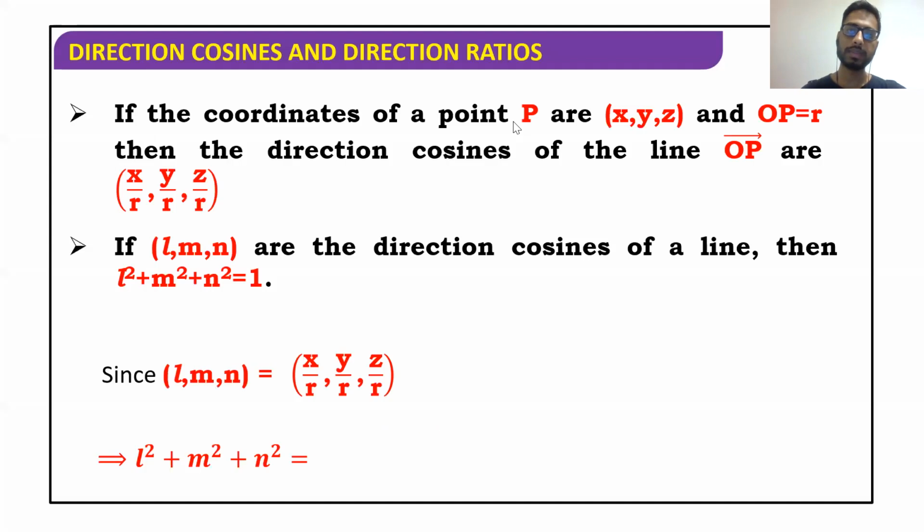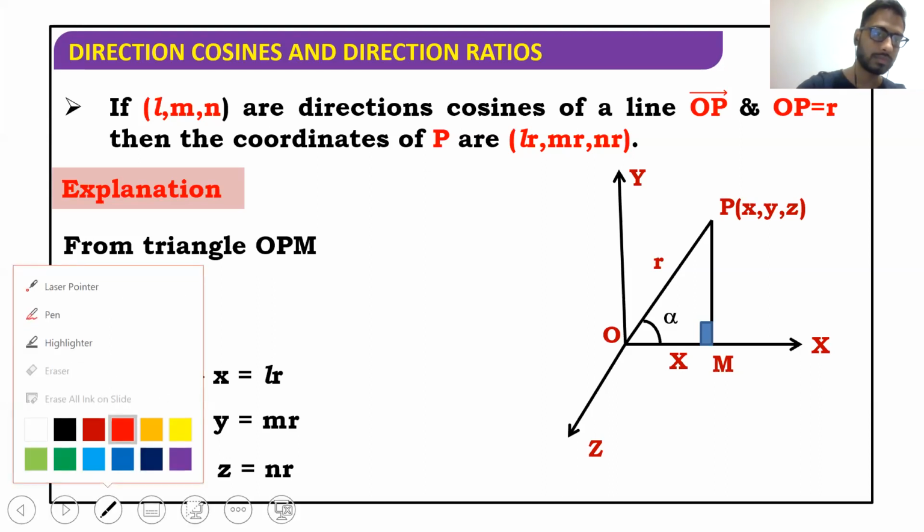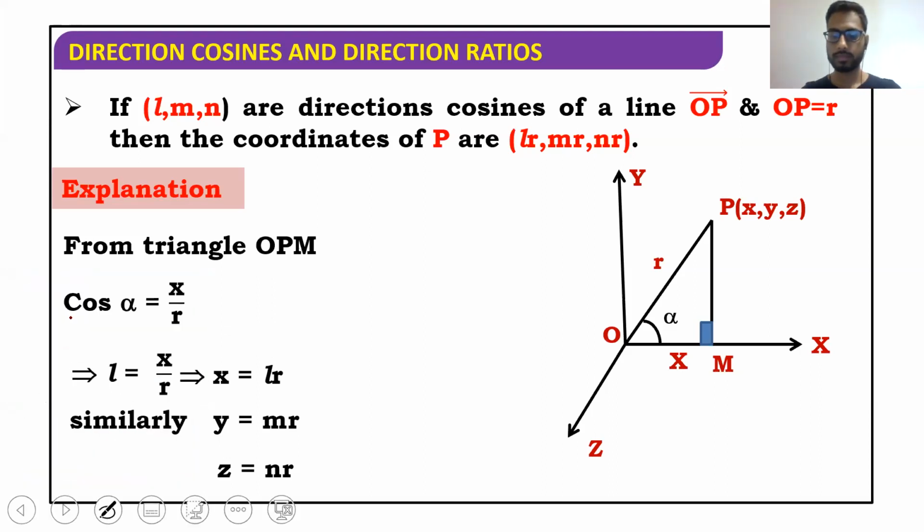Suppose in this particular case, here the point is starting from O to P, but instead of OP, suppose there is another line from point P to point Q. It is making, say, an angle of alpha.